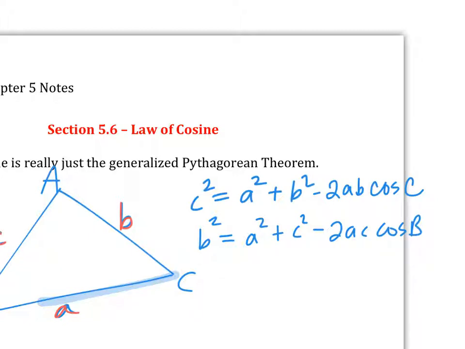Cosine B, very good. Okay, so then A squared is equal to what? B squared plus C squared and then minus what? 2BC cosine A. All right, easy stuff.